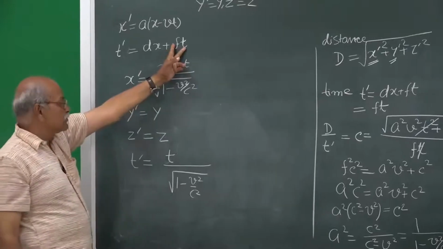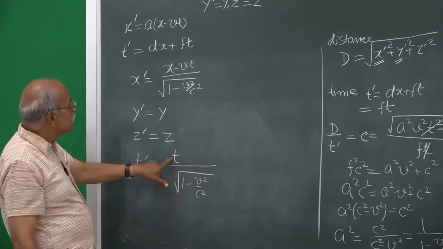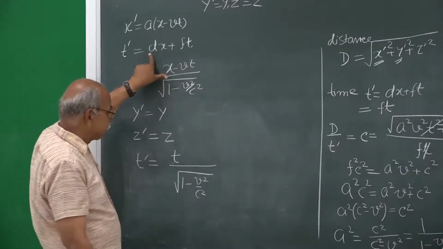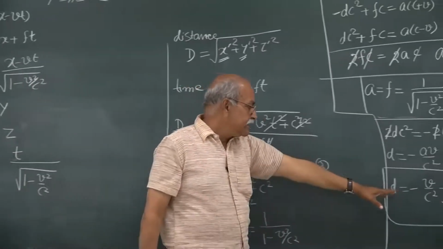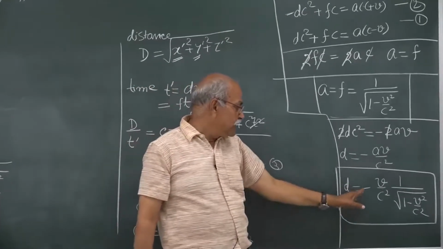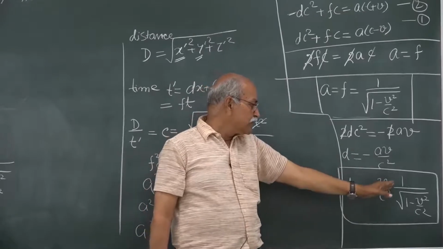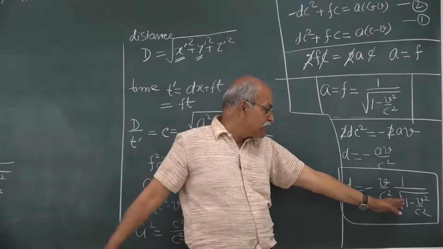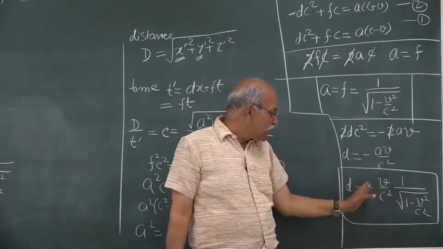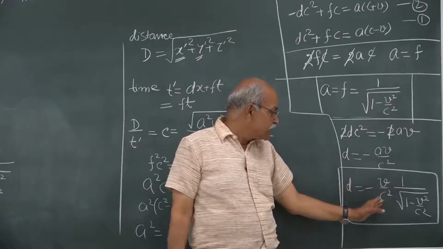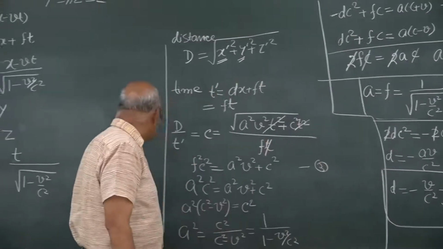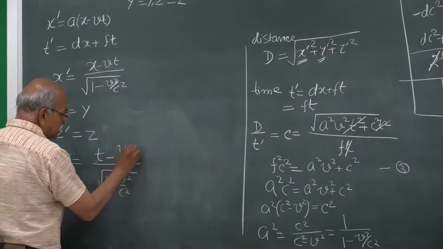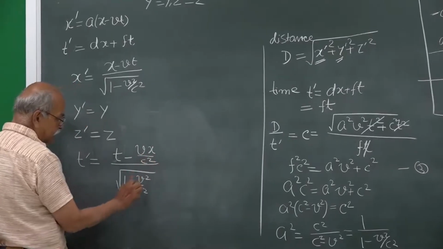Then plus d into x. d into x will be minus V into x by C square, and this factor is the same as we had written there in the denominator. So, it is minus V x by C square, and in the denominator this.